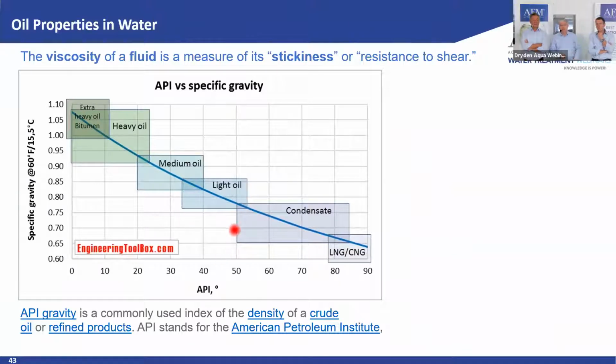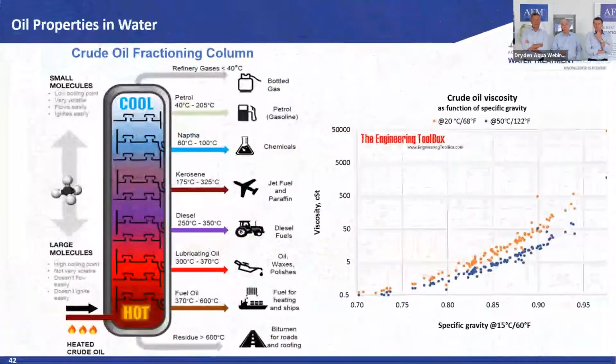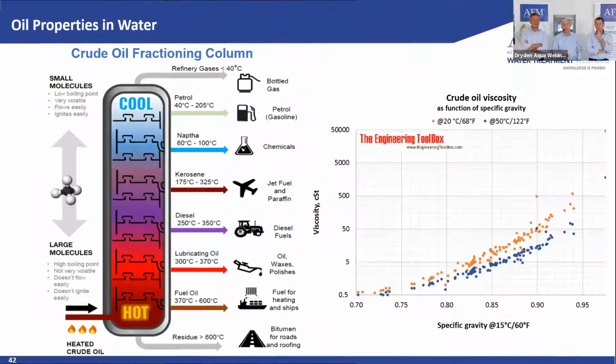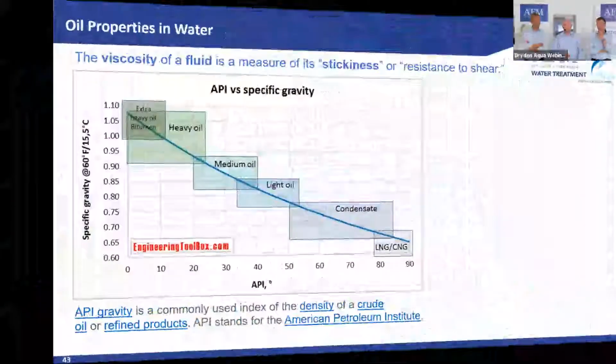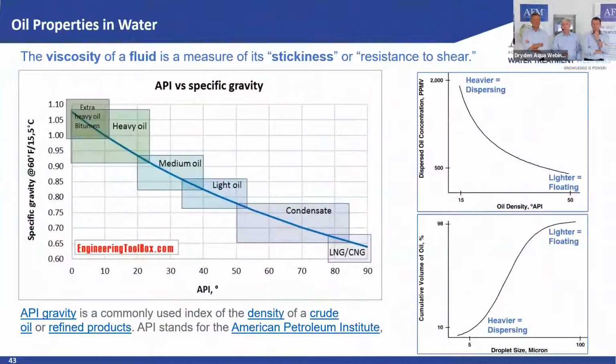For viscosity it's normally centipoise, but in the oil industry you typically use the API, specific gravity. Because you have heavier dispersed hydrocarbons, you have more of them dispersed in the water than the lighter ones, which are floating.